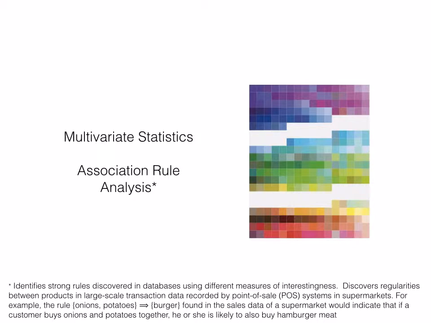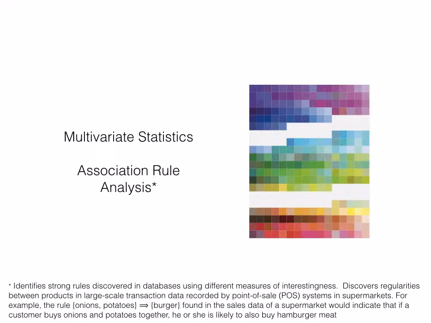You have the trifecta of things that allow you to actually analyze data and do things like association rule analysis, which identifies strong rules discovered in databases using different measures of interestingness, right? Regularities between products in large-scale transactions. You have data recorded by point-of-sale systems in supermarkets.